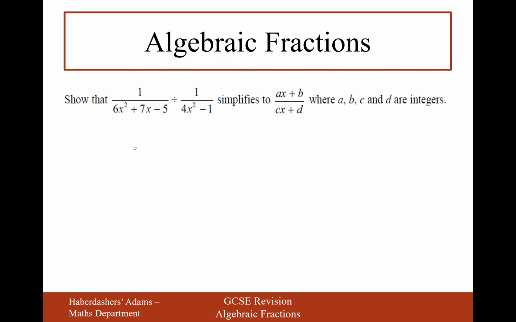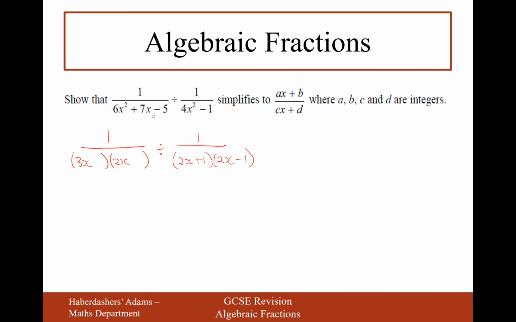Okay, so let's factorize these two here. The first one will be either a 6x and an x or a 2x and a 3x. So actually I'll move on to the next one to see if I get a clue. Moving on to the next one, it's going to be 1 over 2x plus 1 and 2x minus 1. Now what I'm going to assume is that it will cancel out with one of these two brackets here, so it's probably going to be a 3x and an x and a 2x.